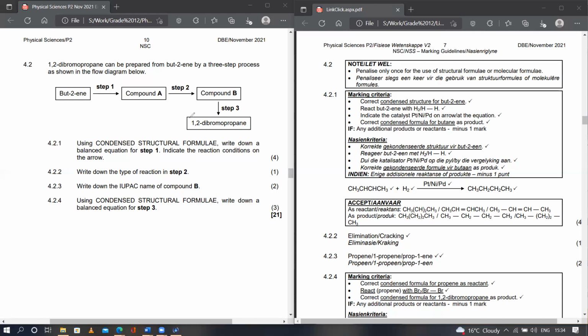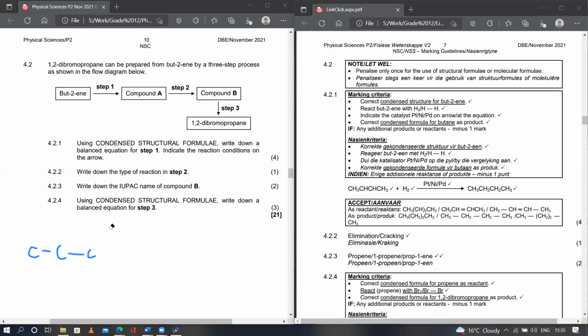It has 3 now, because they want butane 2-ene to propane to 1,2-dibromopropane. So basically, you can either say you're eliminating or you're cracking. Oh yeah, I'm sorry.